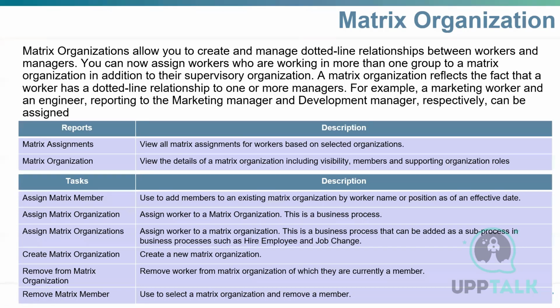Let me highlight this. So we can add this in our business process as a step, if you're doing a change job or a promotion or a new hire, whichever kind of business process we want to use it in. For example, it can be used in job change and hire employee business processes as a sub-process.